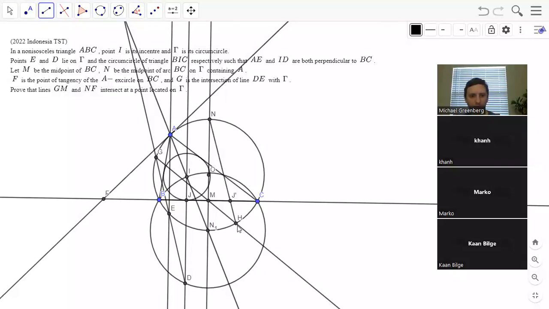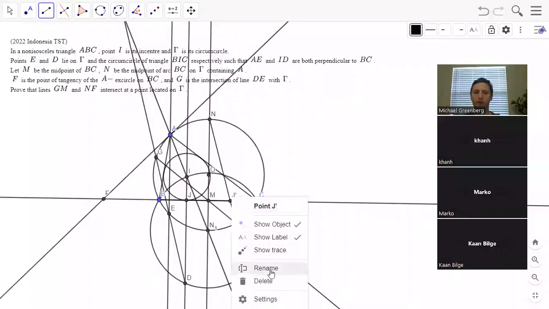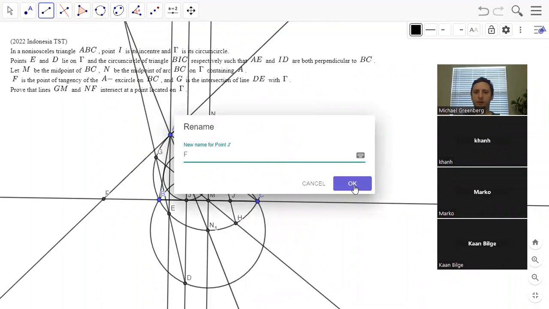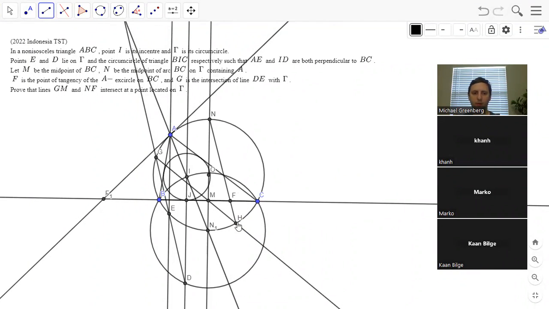That's kind of interesting. Okay, so D and E are defined like this. We let it intersect at J. Basically, we want to show GM and NJ prime, or we call it NF, meet at a point on this circle. It's probably not super difficult. It's probably just an angle chase or something like that, I would guess.